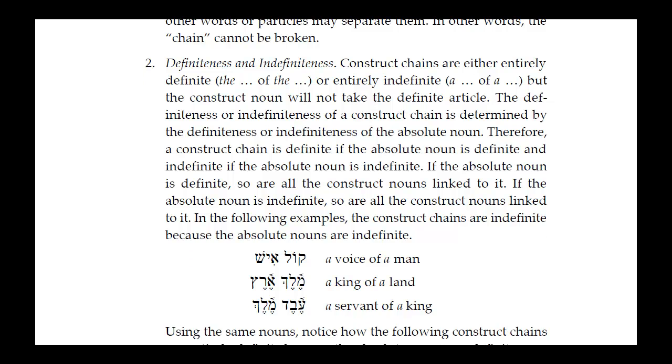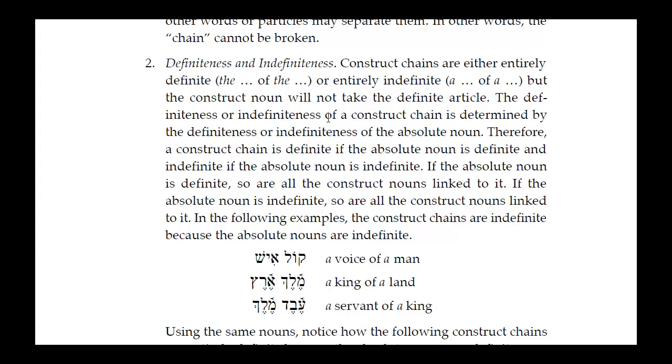Okay, so let's get into some aspects of the construct state. Construct chains are either entirely definite, like saying "the servant of the king," or they are entirely indefinite, "a servant of a king."